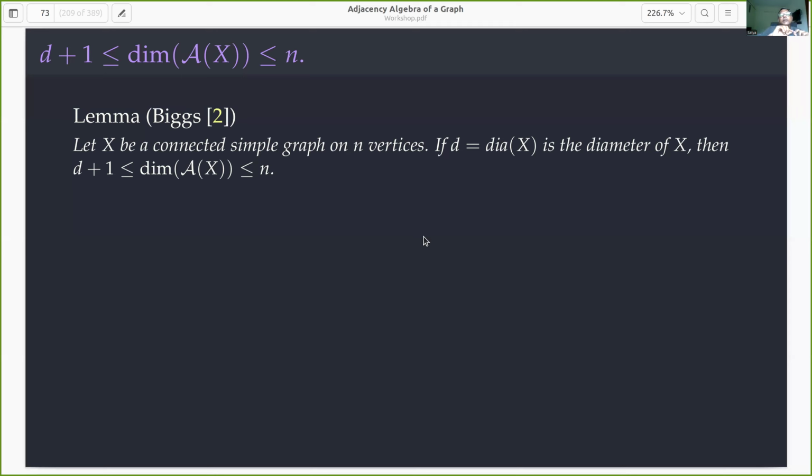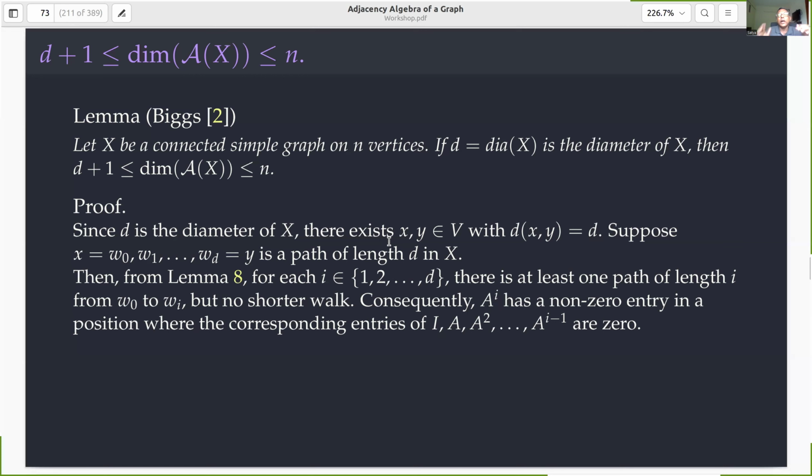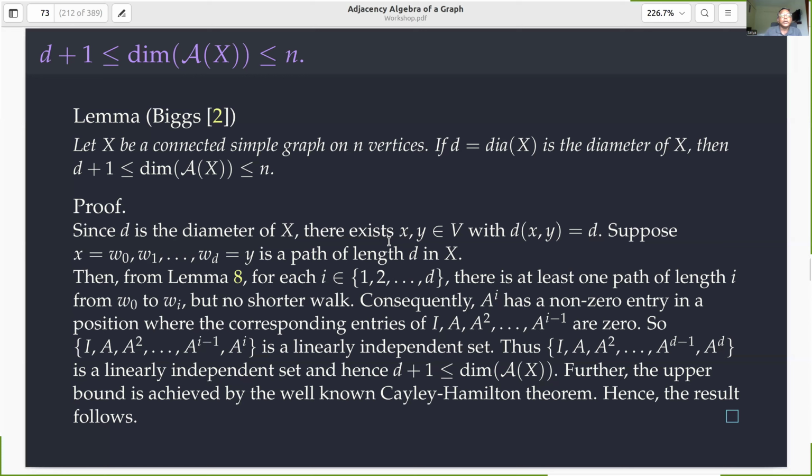And also there is a path from i to j of length 5. So there is a path of length 4 from i to some vertex, and a path of length 3 from i to that vertex, and that entry becomes 1 at 4, 3, like that. What I want to say is that A square, A cube, A power d, these are all matrices, and these are linearly independent.